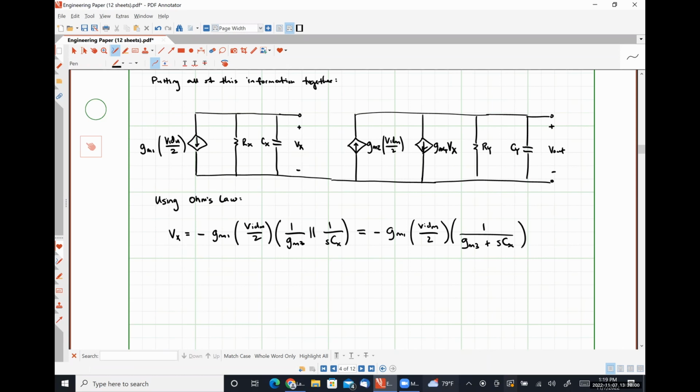Are we okay with my application of Ohm's law here? Voltage is equal to current times the equivalent impedance.